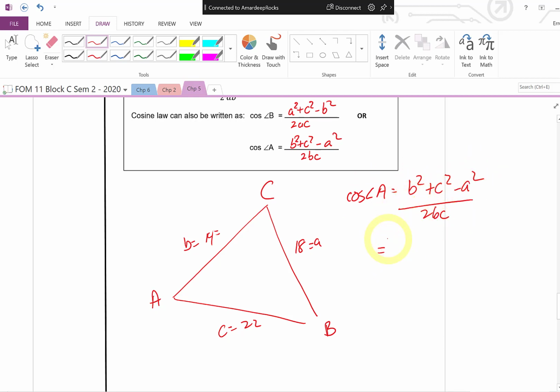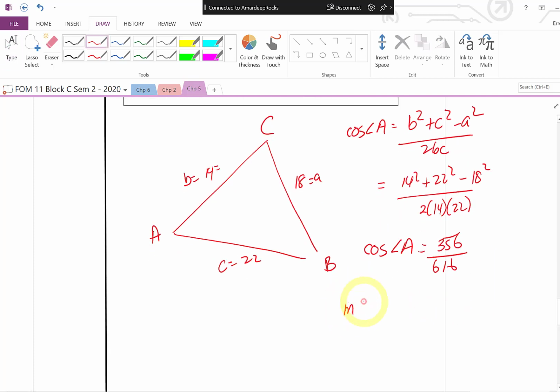All right, this is going to be 14 squared plus 22 squared minus 18 squared over 2 times 14 times 22. Now, if you do all the math, I'm not going to show it to you, cosine of angle A works out to 356 over 616.